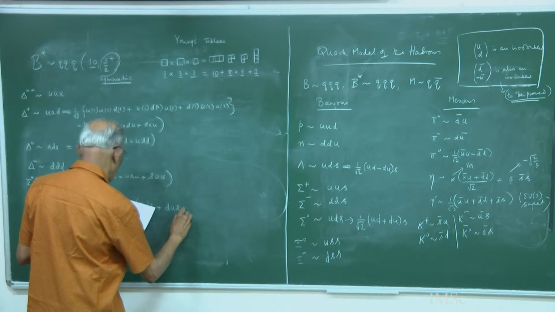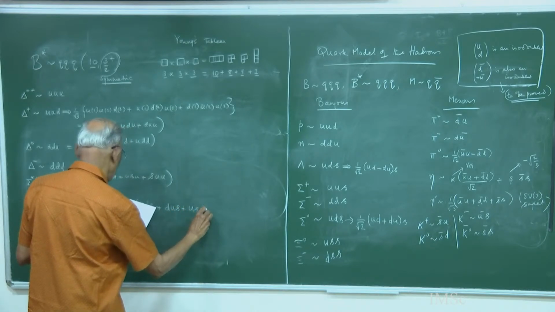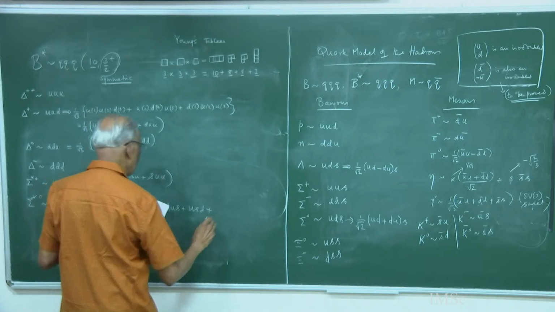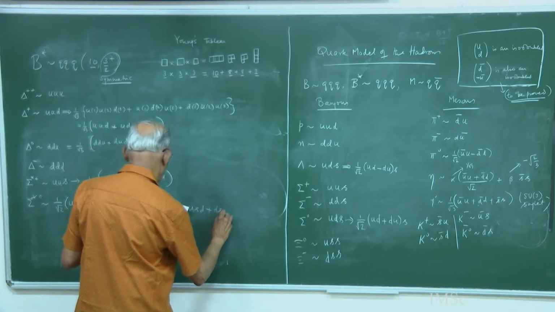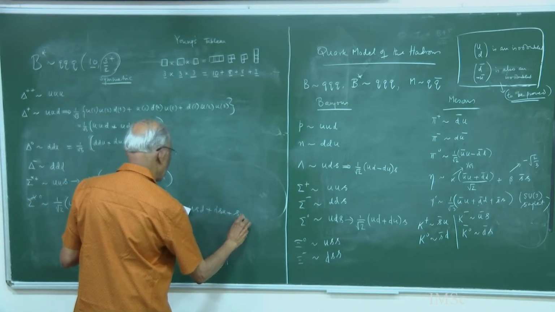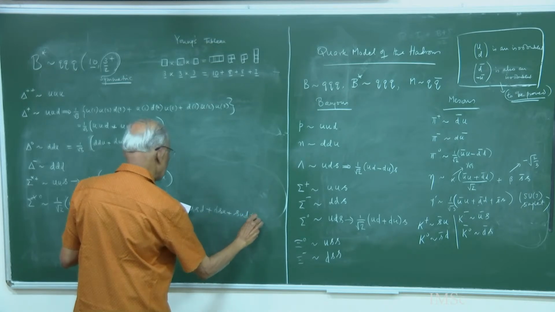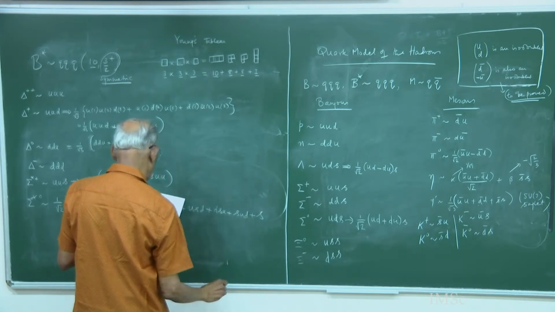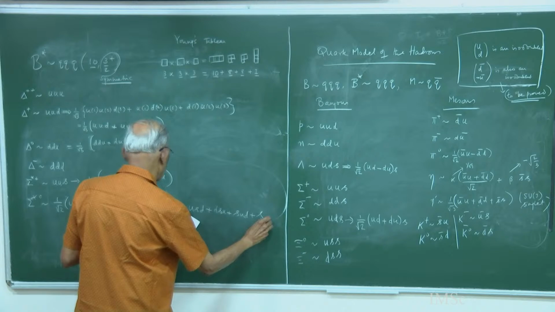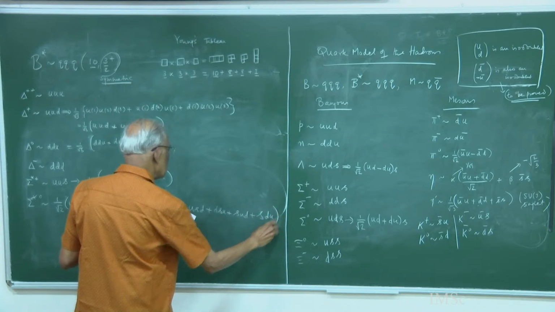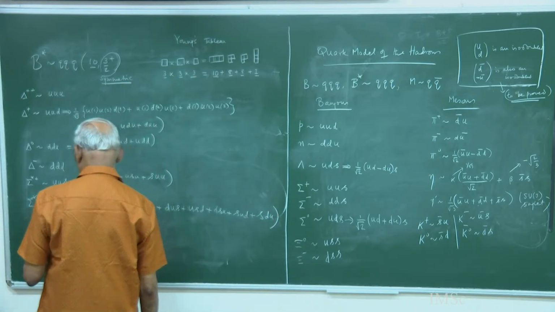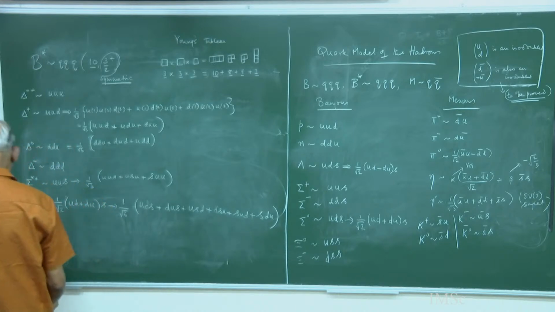DUS, USD plus DSU plus SUD plus SDU, I think. Okay. That is sigma star, and sigma star minus.